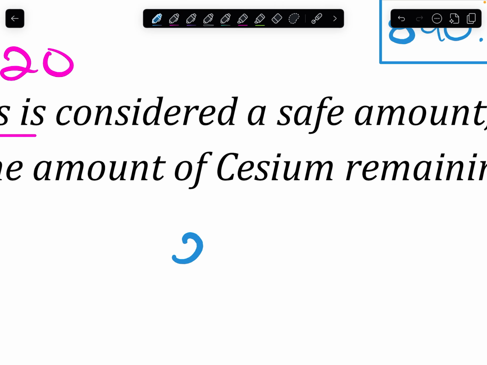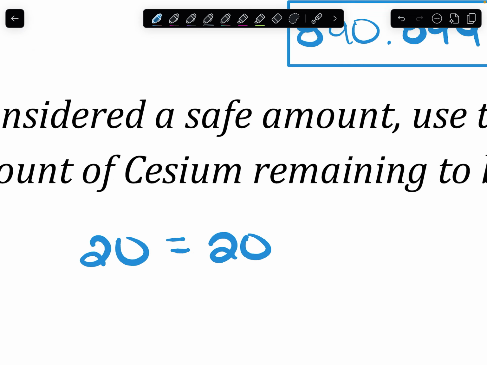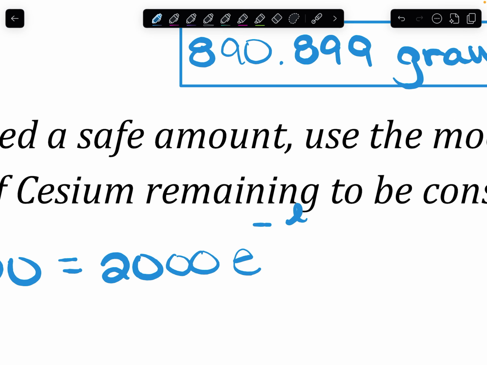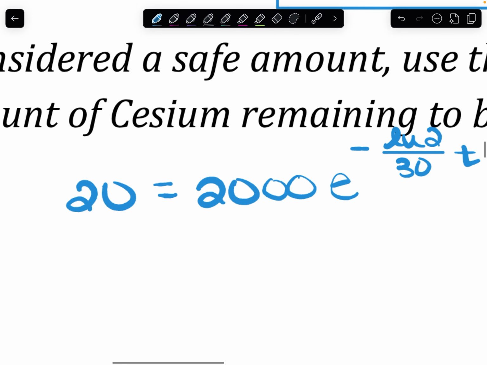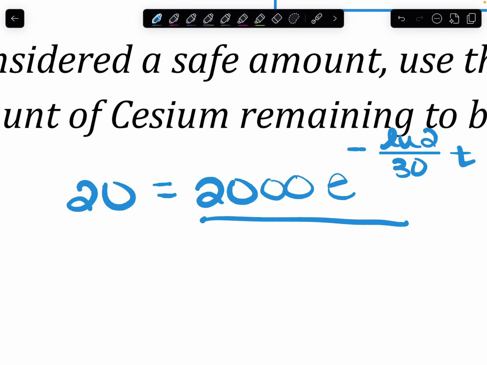So we have 20 equals 2,000 e to the negative natural log of 2 over 30 times T. The 35 was the last problem. Remember, with exponential equations we get the exponential term by itself, so we divide both sides by 2,000.